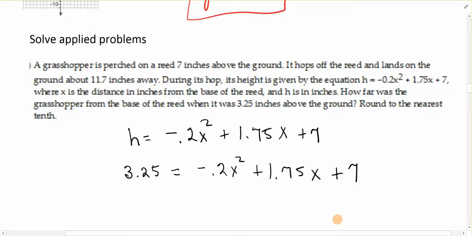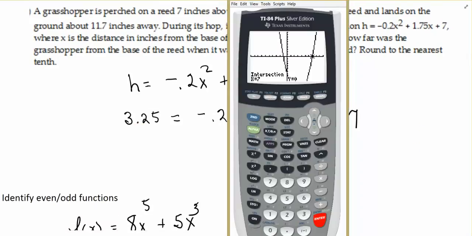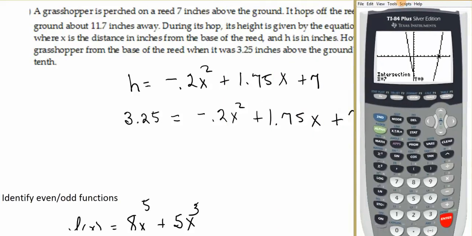Now, you could solve that by hand, but we can totally do that with our calculator, right? Because you've got this y equals has to be equal to this y equals. We're going to find the intersection of those. So let's go to our calculator and put the original height in y1 and put 3.25 in y2.